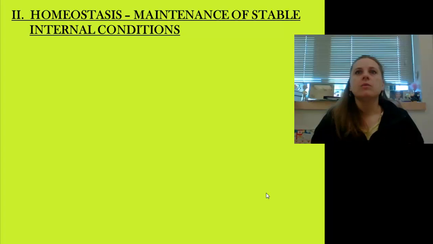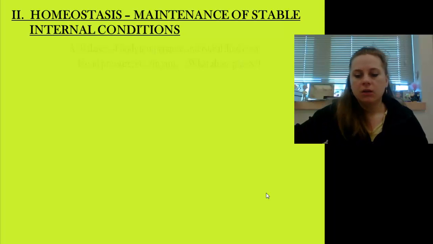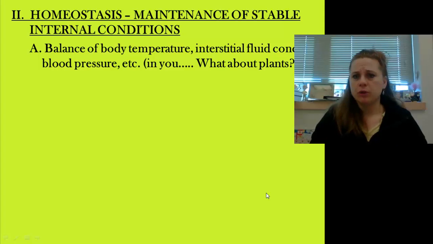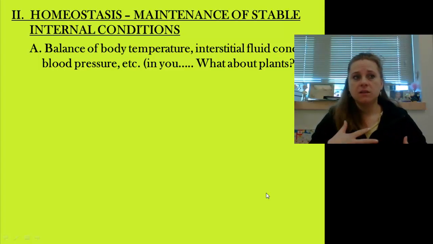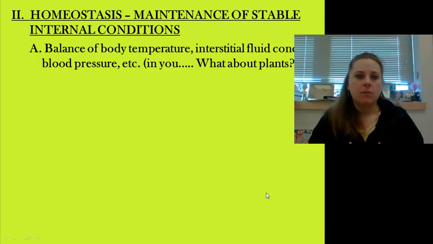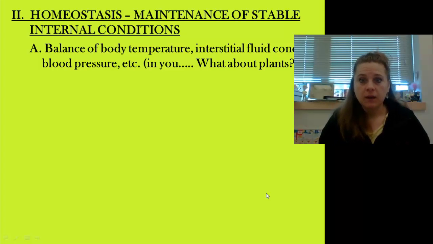And how are we doing that? And how is this being communicated throughout the organism? So things like body temperature balance, interstitial fluid concentration, which means the fluids that surround our tissues and our organs. Blood pressure is even something that's monitored pretty heavily.